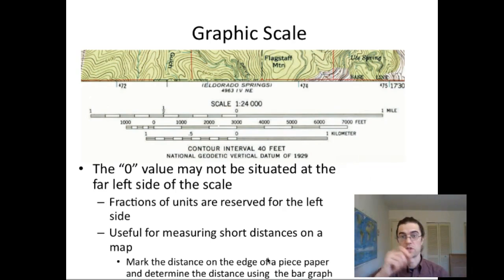Alternatively, if you have some string, you want to measure out how long a trail is. You can just hold the string, even tracing the contours of the trail, the twists and turns, or a road, reaching an end length. Right? It's all windy, and then you take that, and then real conveniently you can hold it up against the scale bar and work your way over to determine how long of a distance you measured out on that trail or road.